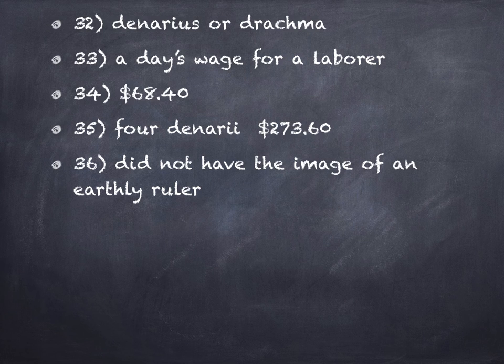I read another article in doing research for this, and they commented that even though the shekels didn't have any earthly ruler on them, which the Jews felt really strongly about, they did actually have some Greek gods or things related to Greek mythology on them. I thought that was kind of interesting. Tyrian means they are from the city of Tyre, which is in Lebanon today.